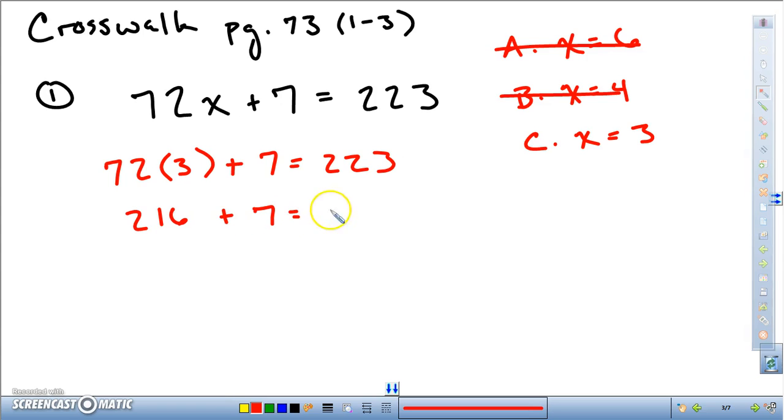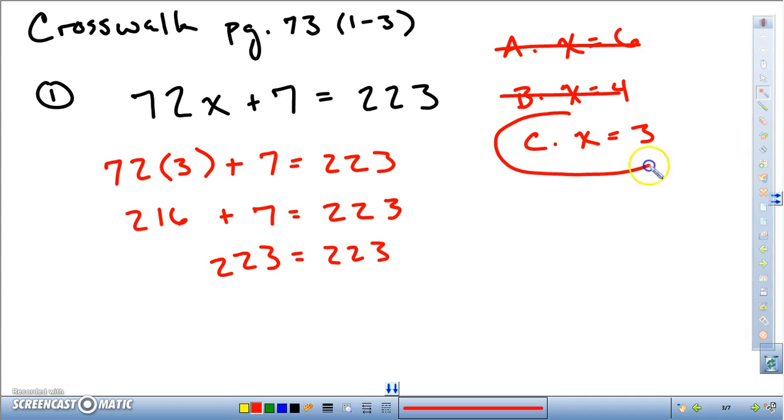Plus 7 equal to 223. 216 plus 7 is 223, and I end up with a true statement. Okay, so answer choice C is the correct answer for number 1, because when I plug in 3 for the variable in my original equation, I end up with a true statement.